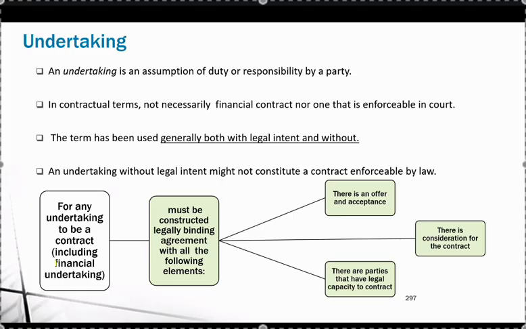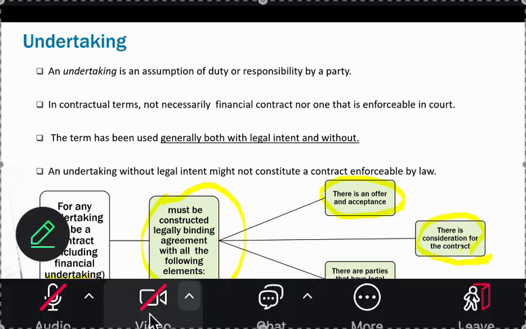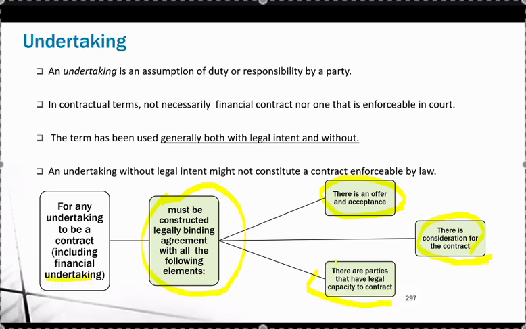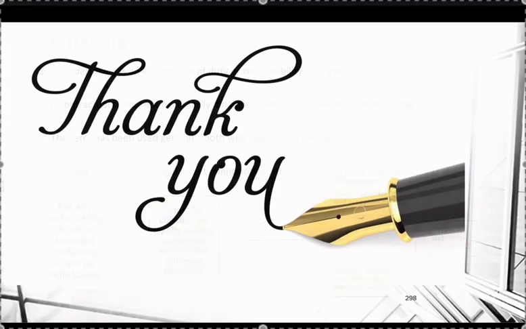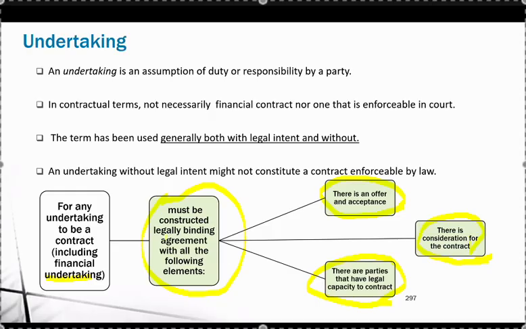If you want to make it a financial undertaking, it must be a legally binding agreement with all these elements: offer and acceptance, and consideration. What does consideration mean? We learned just now. Something of value. And there are parties that have legal capacity to contract. That's it.